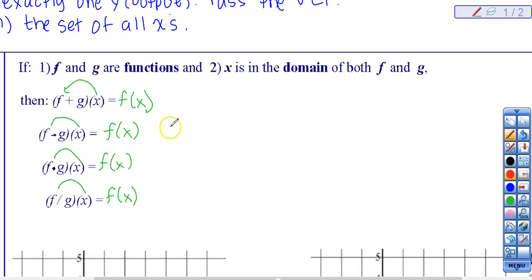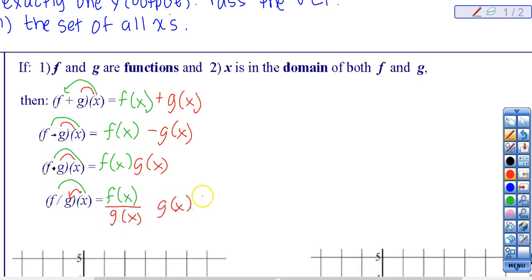Then I'll go ahead and drop my green pen, pick up my red pen, and now I'm distributing. So here I'm going to be adding plus g of x, or subtracting minus g of x, or multiplying times g of x, or dividing over g of x, as long as g of x does not equal 0. So remember that. Denominators have restrictions.